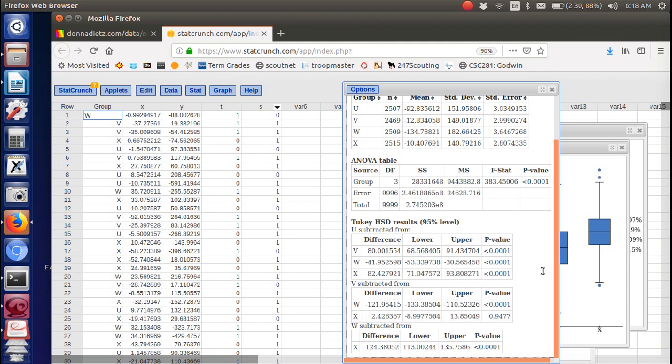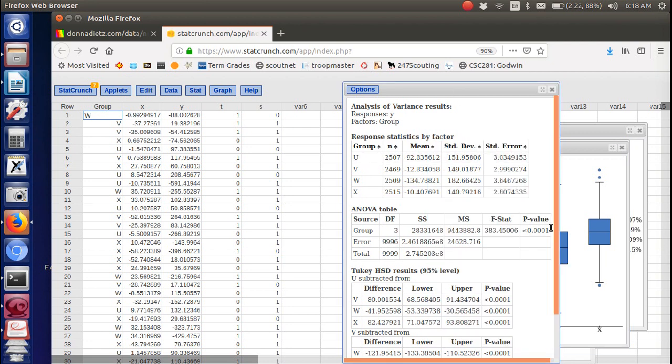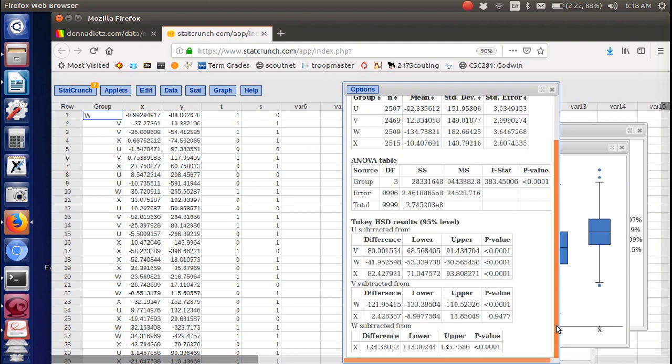What about V subtracted from everything but U? Well, it looks like V and X are similar. So let's look at our plot. V and X are similar, and our eyeballs kind of confirm that for us. I'm kind of surprised that U and W are different, but hey, your intuition can be wrong, and so that's why we do this. But your results should not completely contradict your intuition on the matter.